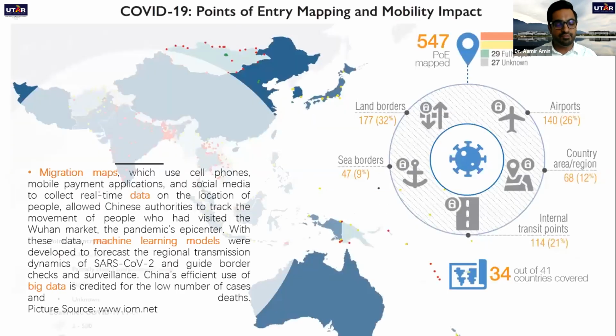One of the examples which I've picked up is the example of China, for instance. Now, all of us know that China has been successful, considering the number of population they have, and considering that the pandemic is believed to have originated from China. They have been able to control the spread of the disease quite successfully.